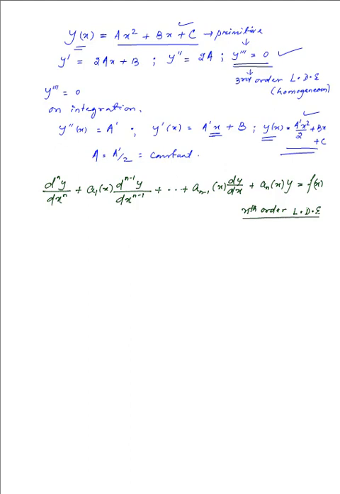Now this can also be written as Ly equal to f(x). L is the linear differential operator. L is equal to d^n by dx^n plus a1(x) d^(n-1) by dx^(n-1), and then it continues up to, I'm writing just the last term, not the previous ones, a_n(x), and that's it.